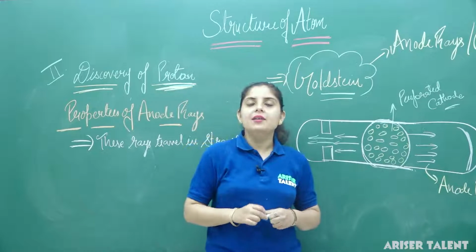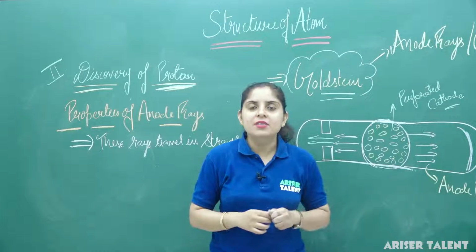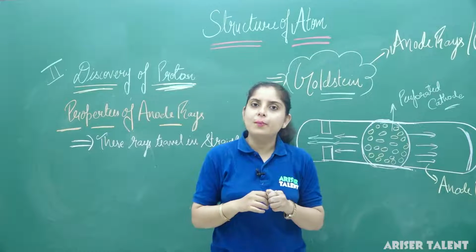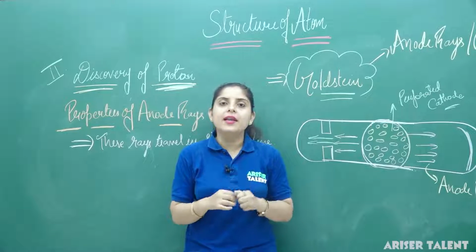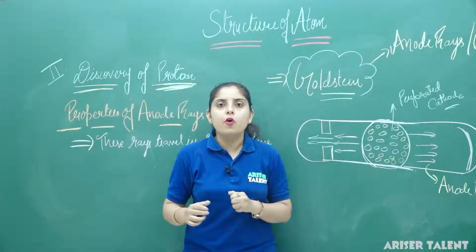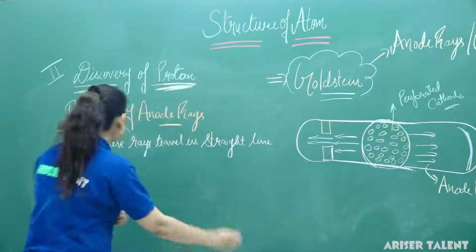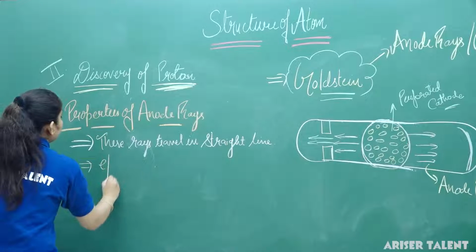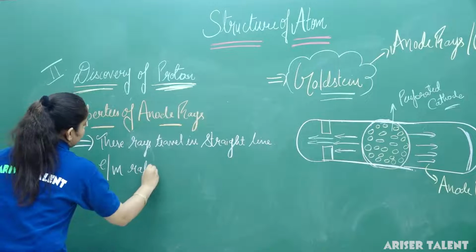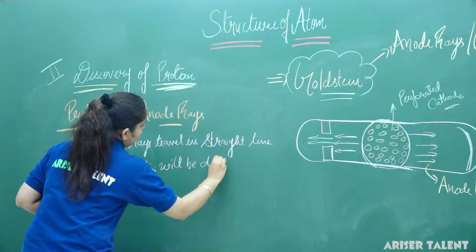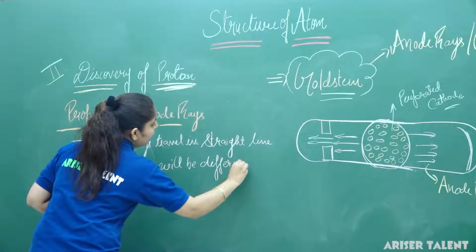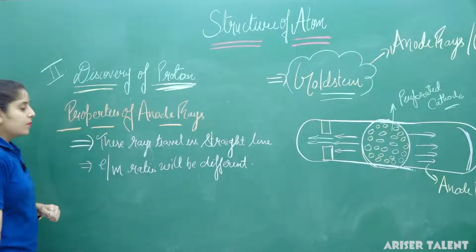In the case of cathode rays, we saw that the charge to mass ratio is the same for all gases. But in the case of anode rays, you will not get the same e by m ratio for all kinds of particles. So, the e by m ratio will be different.